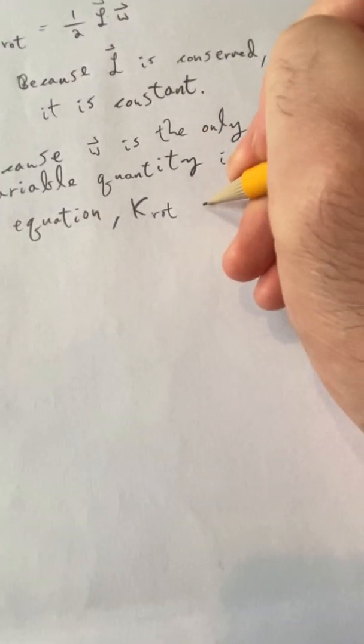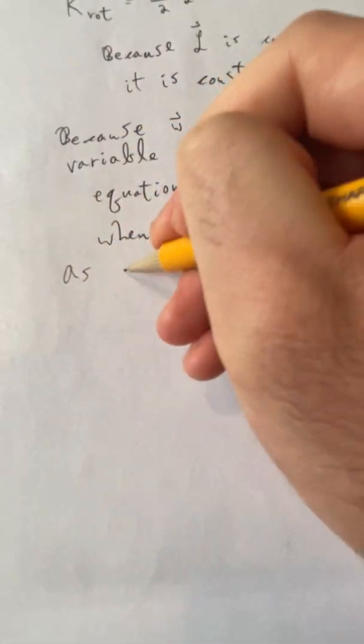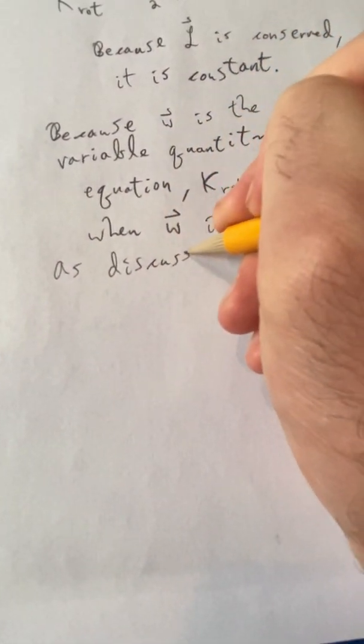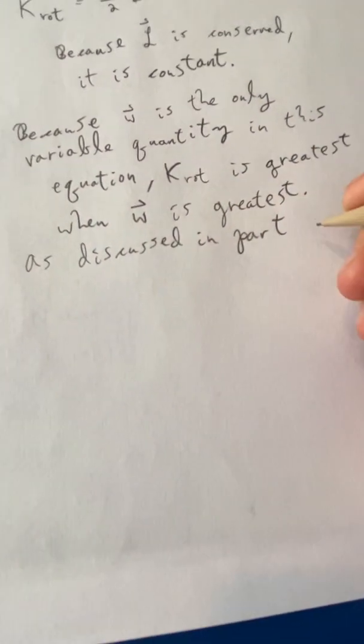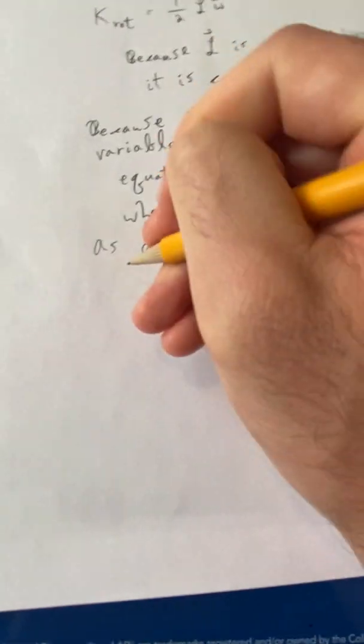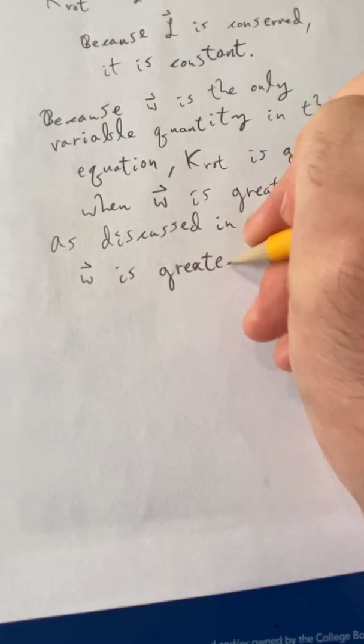the rotational kinetic energy is greatest when the angular velocity is greatest. And then you could say, as discussed in part A, omega is greatest in figure 2.